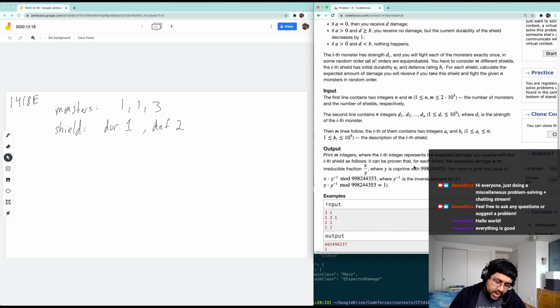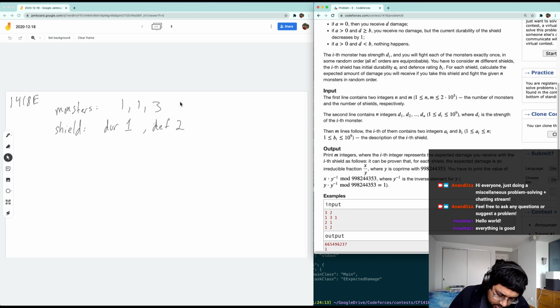Okay, so what happens here is basically if you get hit by one of the things that's less than 2, either of the ones, then nothing happens. And then if you get hit by the 3, your shield breaks, but you don't take any damage. And then you end up getting hit by all the ones that are after that 3.